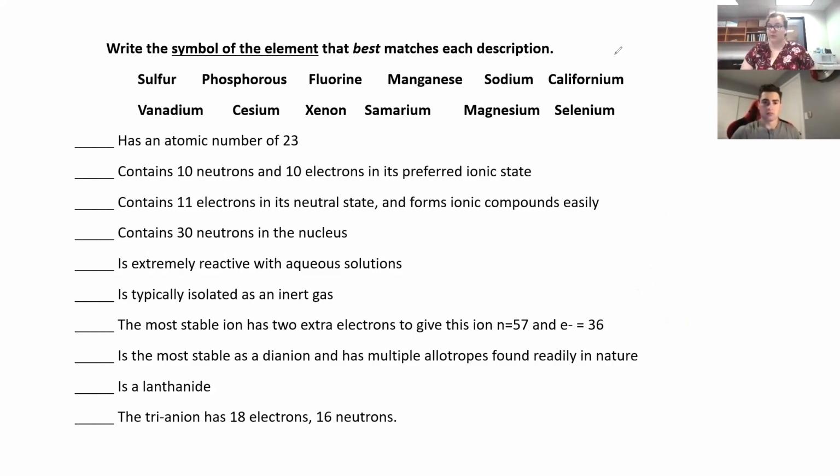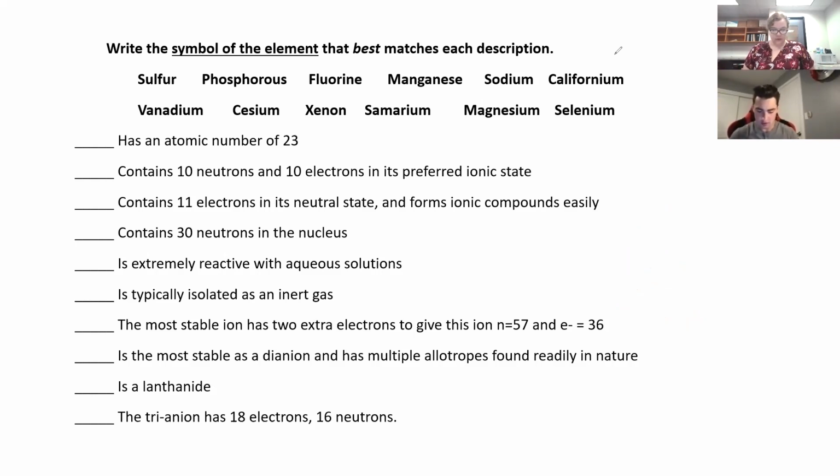Do you want to do another one just to practice, or do you want to move on to the next question? Let's just do one more. Okay, let's grab something fun. Let's do calcium. It has 20 protons. Very good.